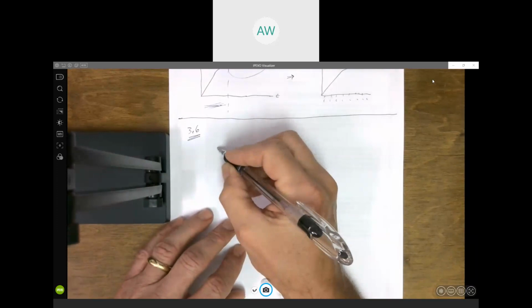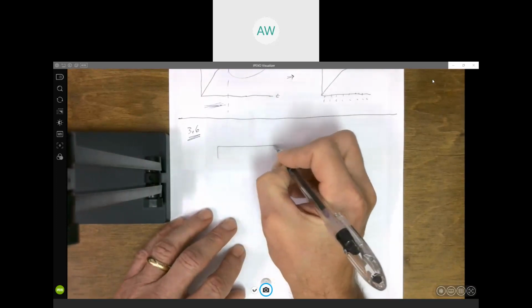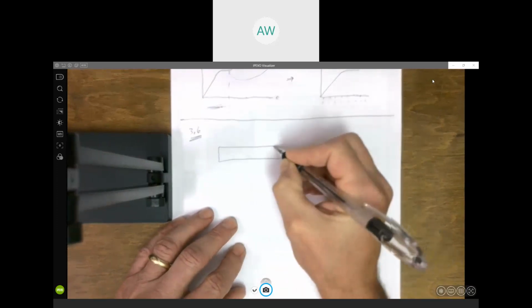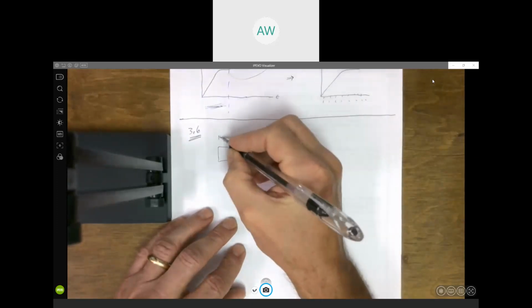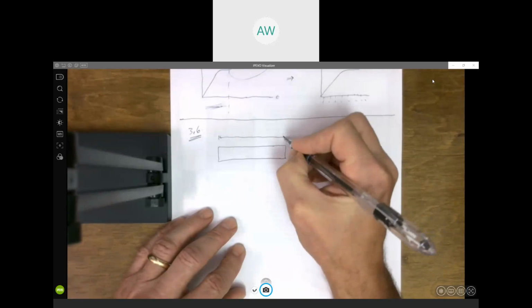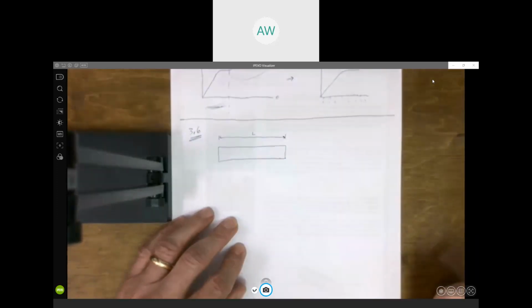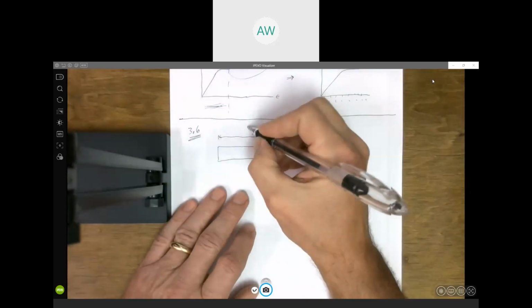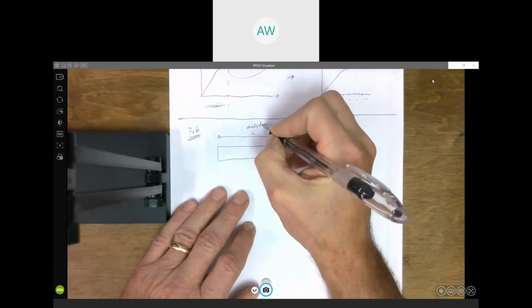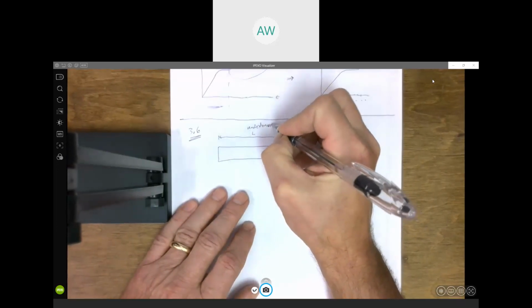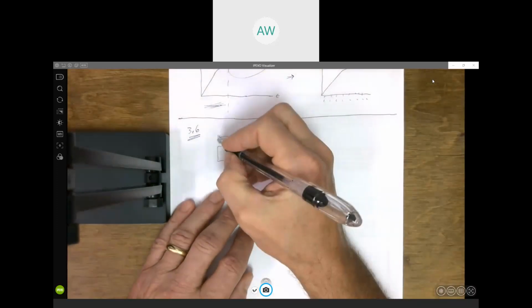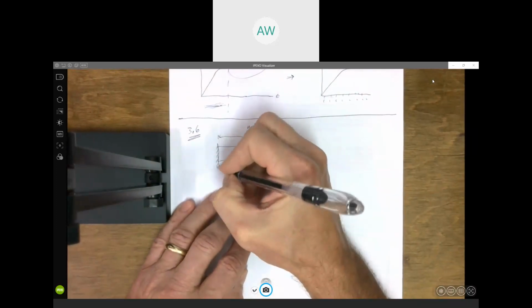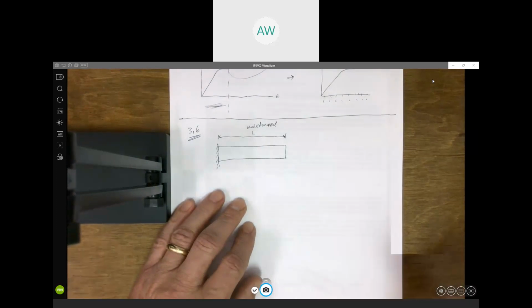So say we've got this member, and it's got some original length L. This is the undeformed length L. And let's say that end is fixed back there so it doesn't move.